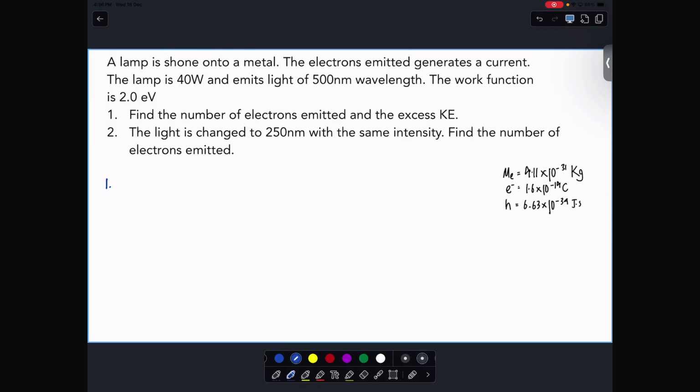That's the first thing we did from the photon topic two classes back, finding the number of photons emitted. Now, number of photons would mean number of electrons emitted, right?